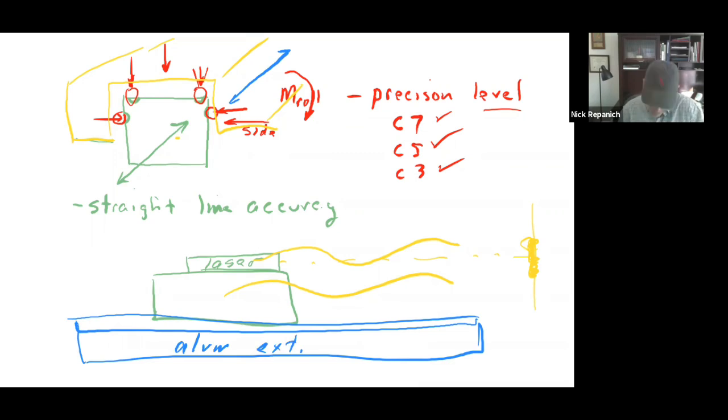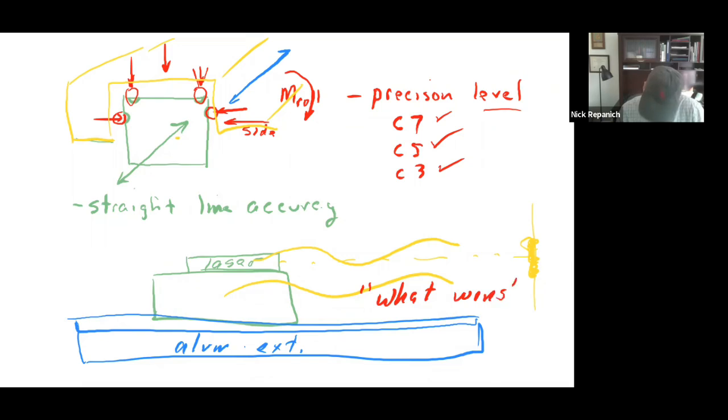So I mount this fabulous bearing that has a perfectly collinear rail and bearing block along its whole travel. I bought this precision grade, and then I mount it to an aluminum extrusion, as I've shown. So the question you have to ask is, what wins?